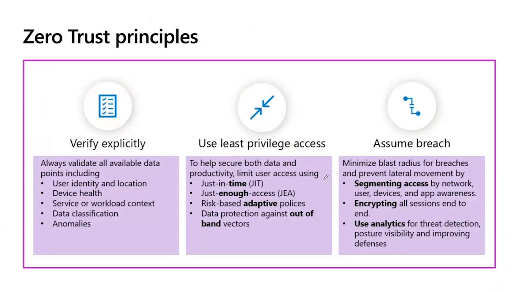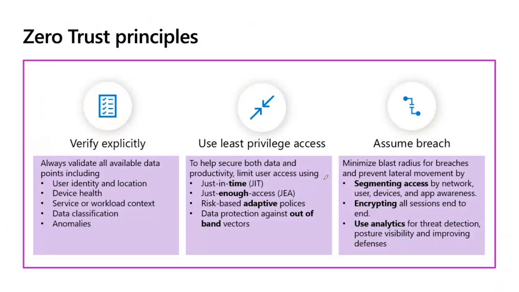Also, in least privilege, we should use RBAC, role-based access control. Basically the concept is to assign only the right rights to the right person at the right time. So using RBAC, we can utilize this least privilege access approach. We can also go for just-in-time access, JIT.